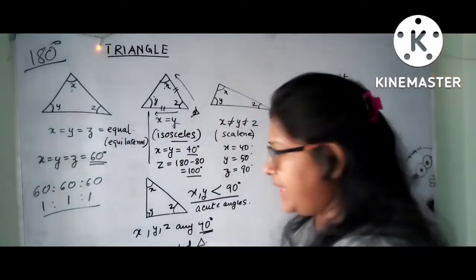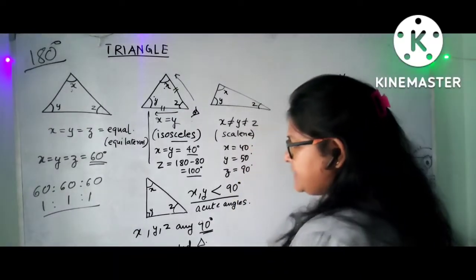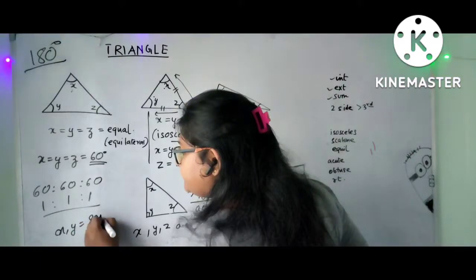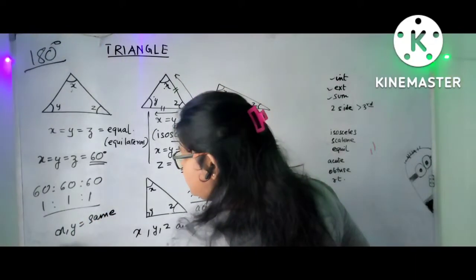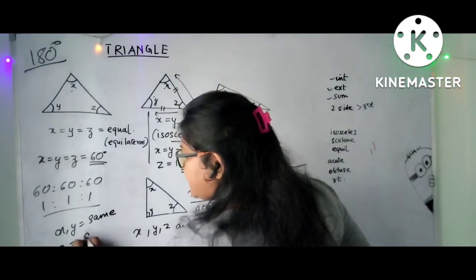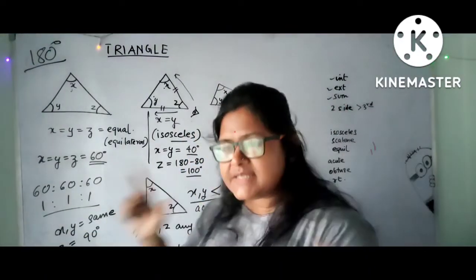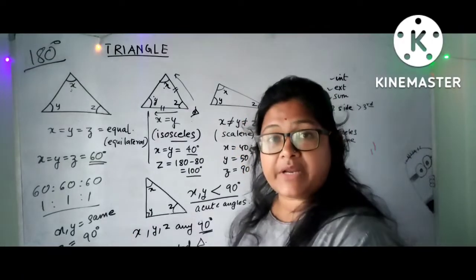Okay? Well, now this can be another case. Suppose my x and y are the same and my third angle z has become 90 degrees. So 90 degrees means I will blindly say it's a right angled triangle.